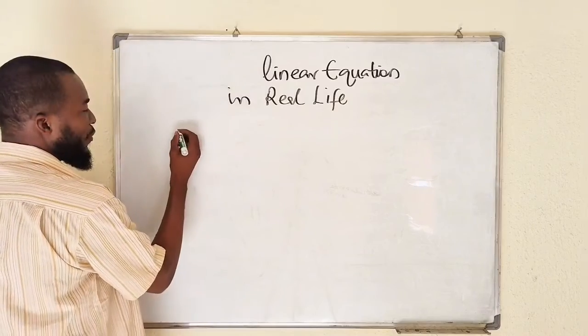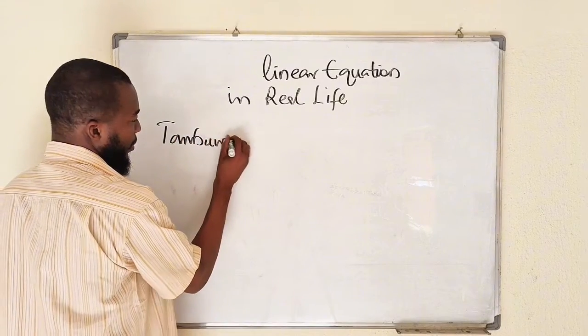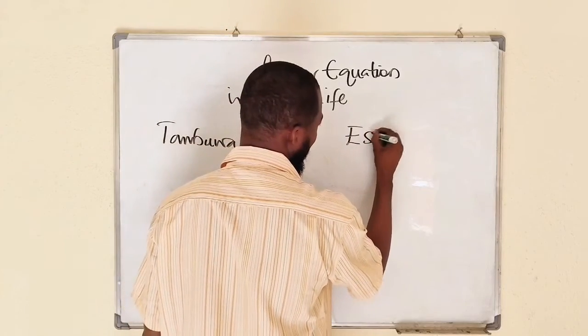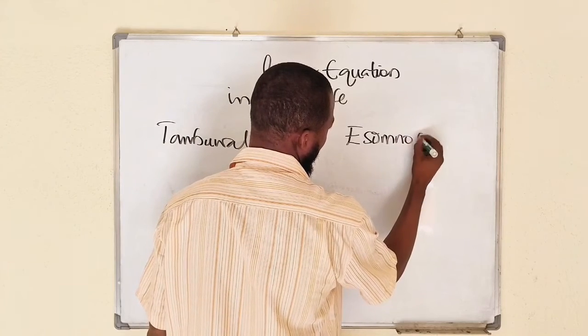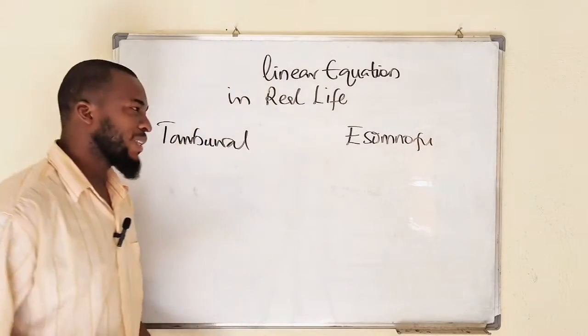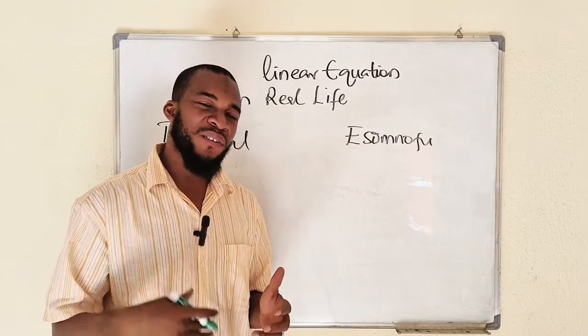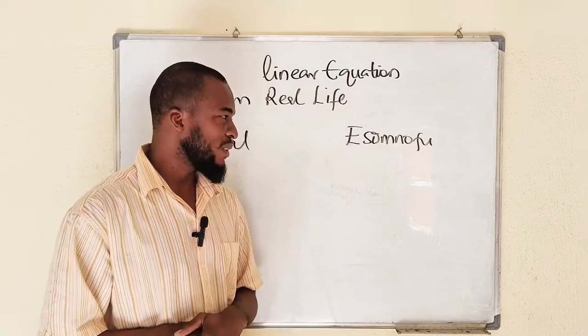Let's assume we have Mr. Campbell here and Mr. Isomnofu right here. All right. We made our mind that we're going to be saving 3,000 Naira every month in our bank accounts.